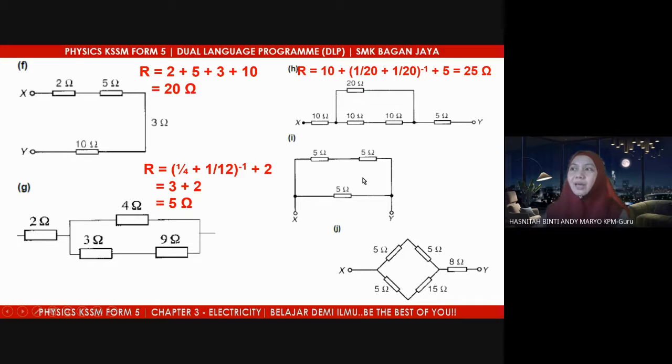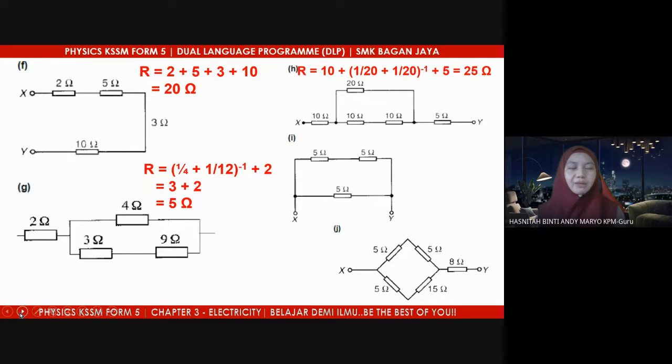Okay, for I. Question I. So this one is a combination: 5 and 5 are in series and then they are parallel with this 5 ohm down there. So you can do the calculation, then you can compare with mine.